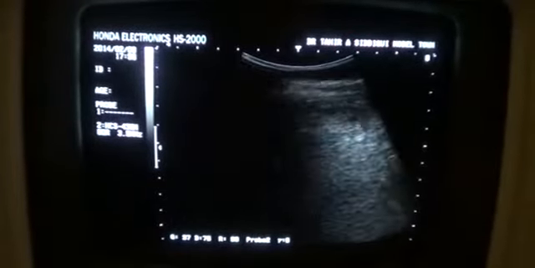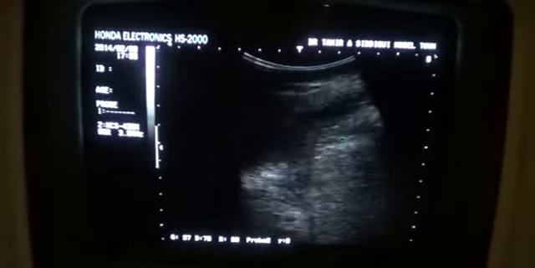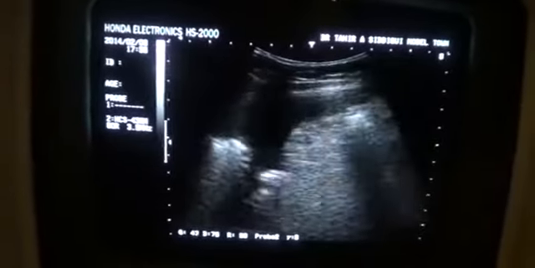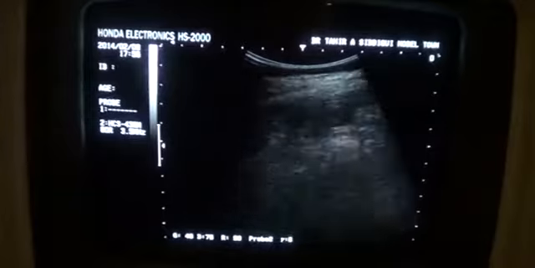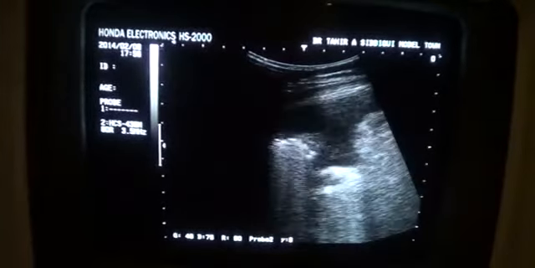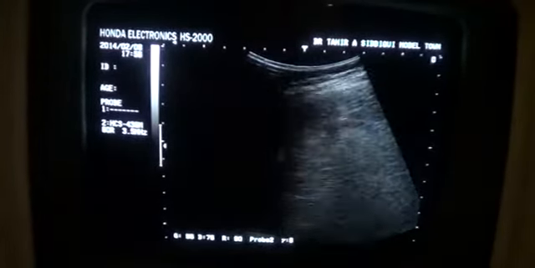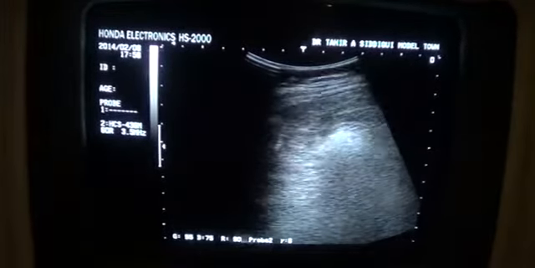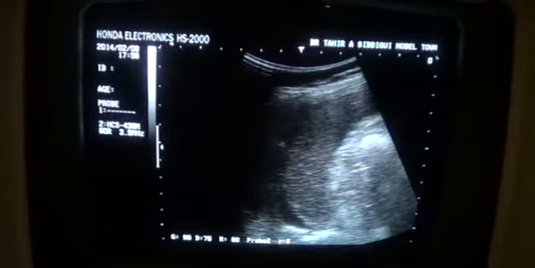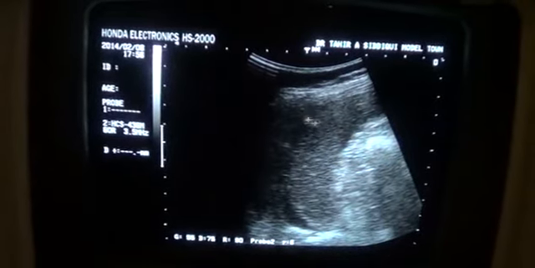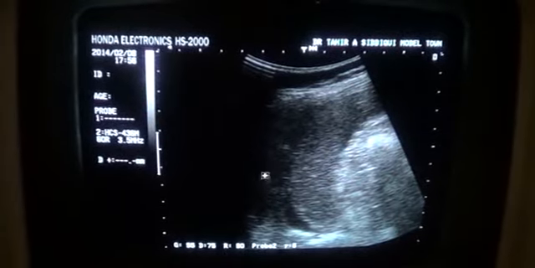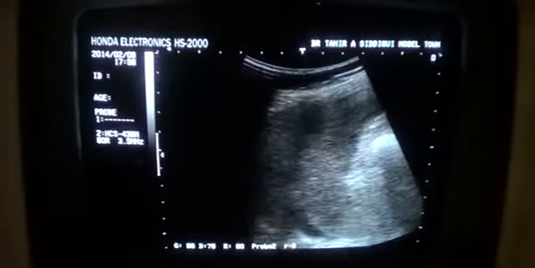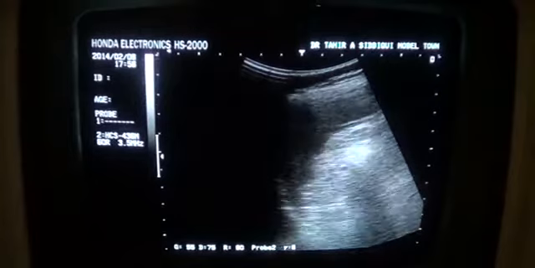On the left side, please bear with me a little bit, and this is the spleen, and this is the fluid in the left hemidiaphragm, which is significant in amount.